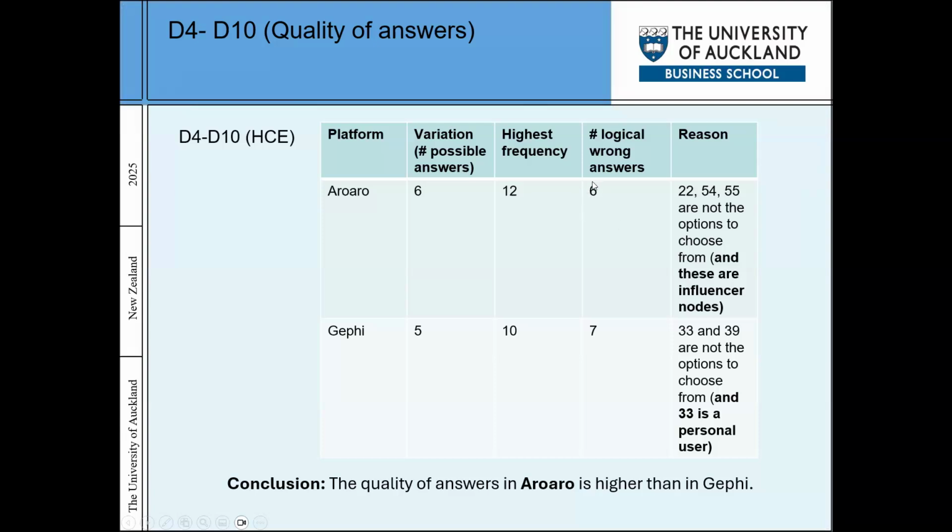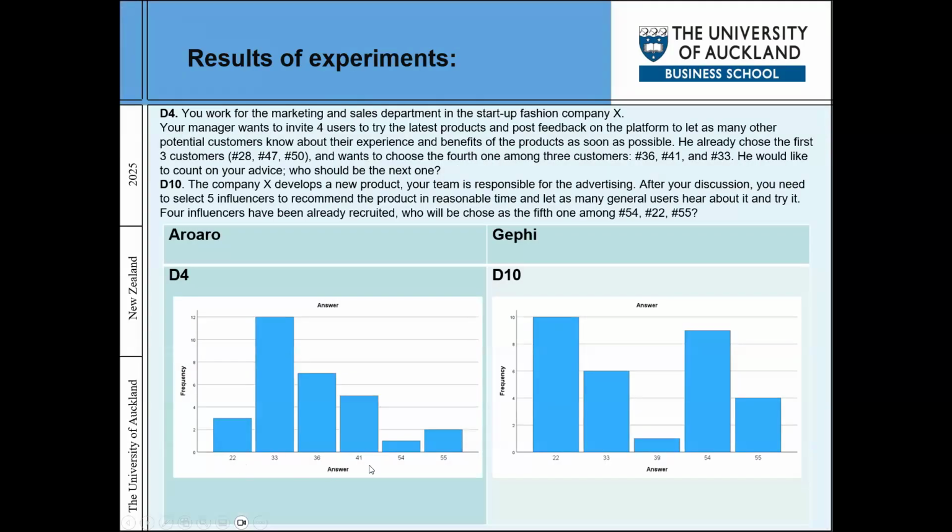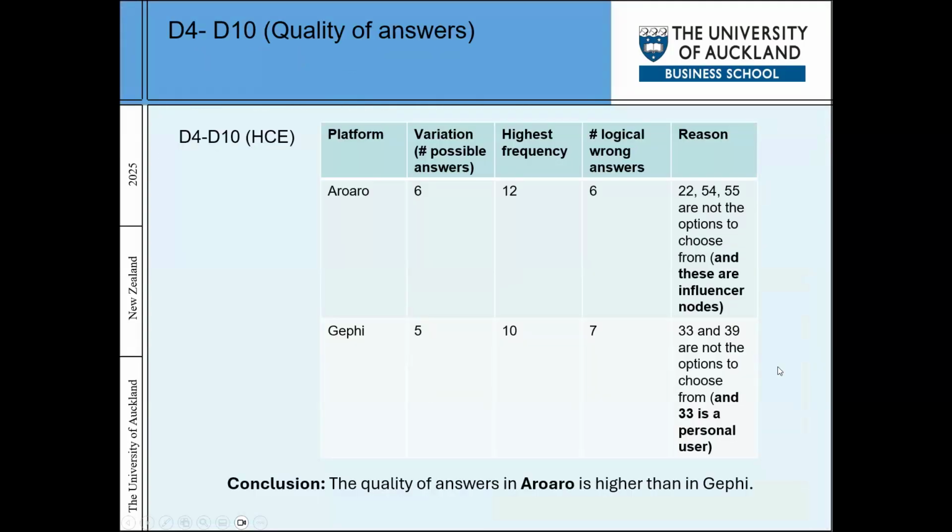So on RO, 6 participants chose incorrect answers, logically incorrect. Why? They chose 22, 54, and 55, as you can see here. In this question, they were expected to choose the personal node, and these are influencer nodes. So that way it is a logically wrong answer.